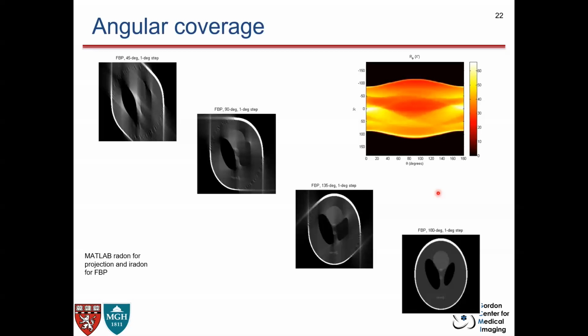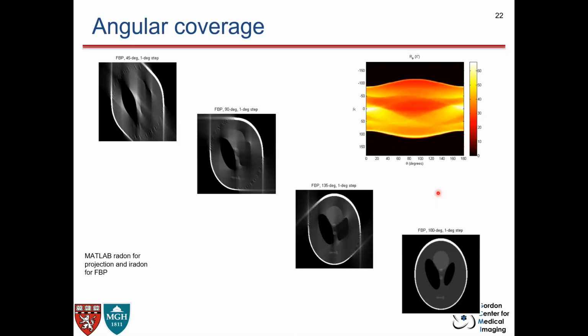So this is again something that is freely available in MATLAB. It's radon and iradon. Radon for projection and iradon for FBP. You can easily do the image reconstruction and see what angular coverage and the angular sampling mean in practice on these images.